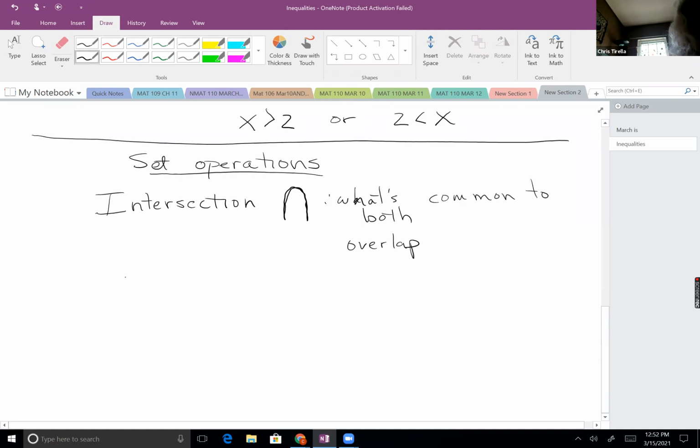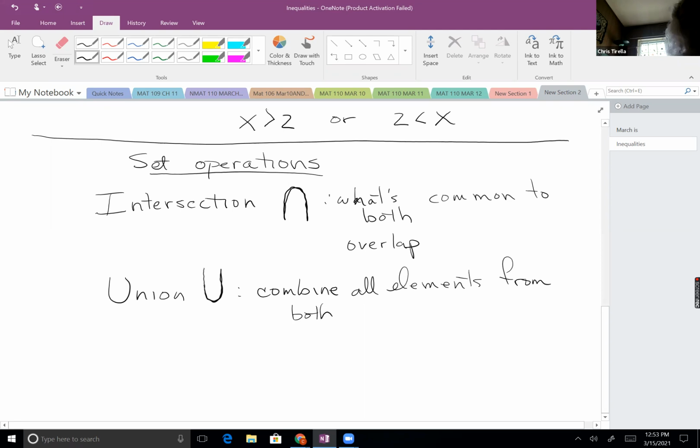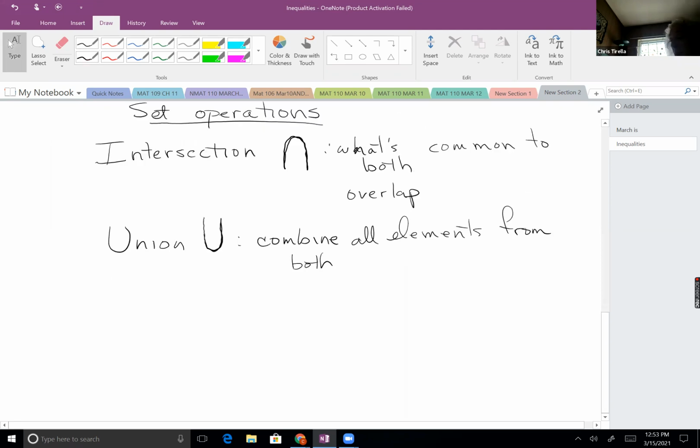As opposed to the union, which was that same oddly shaped U, but this time right side up. And the union was combining all of the elements from both. I'm sorry, there should be an E at the end of that word combine. And so does everybody remember at least hearing those two words early on in the semester?